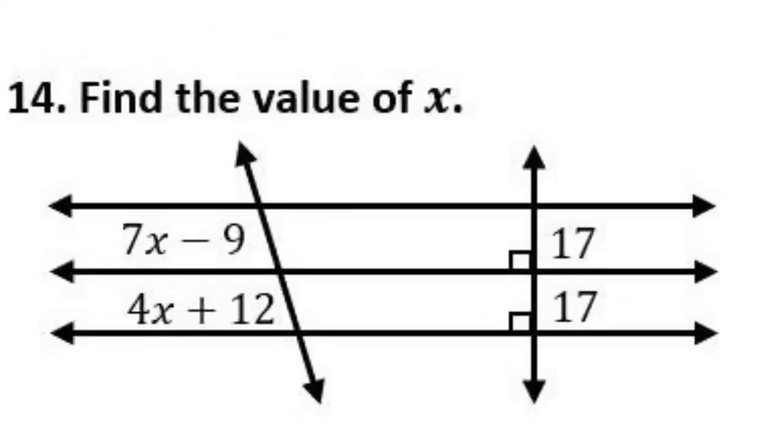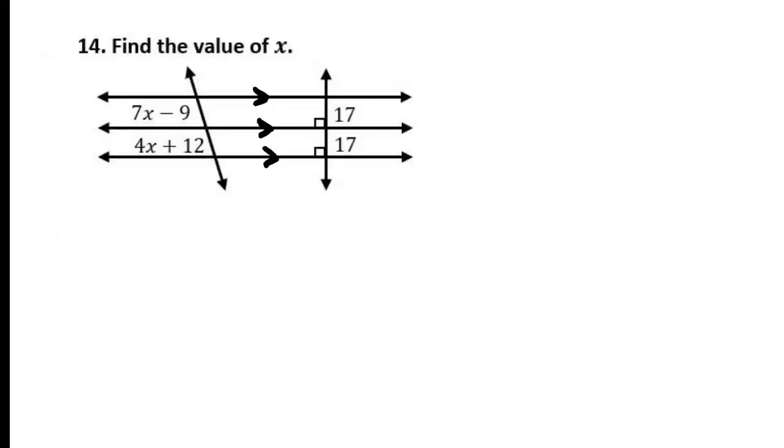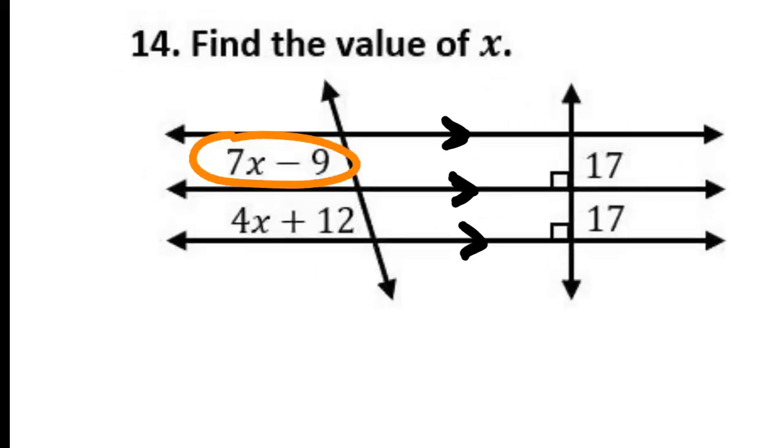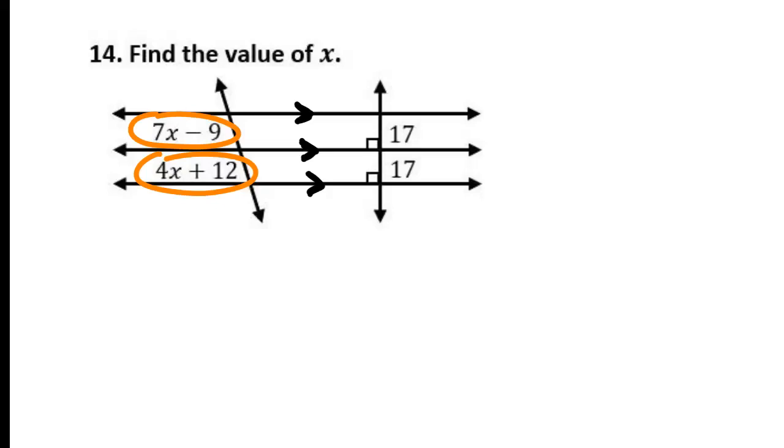So there are some little markings that should have been on the picture. This right here. I apologize. So one of the ways that you can set this problem up, because those lines are parallel, is I can look at one side over here, and I can make a fraction out of that. 7x minus 9 equals 4x plus 12.